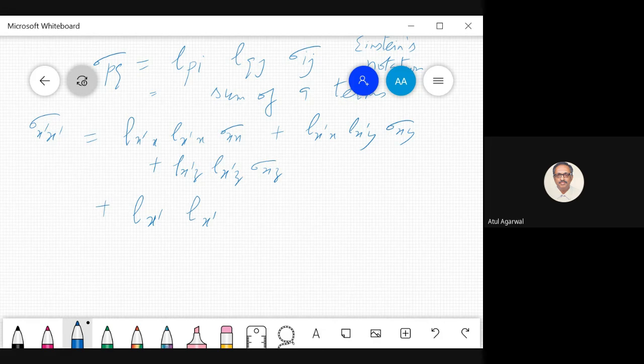So PQ, X prime, the first index is the same. For the second, what we did first was X. We took X everywhere. Now we take Y.